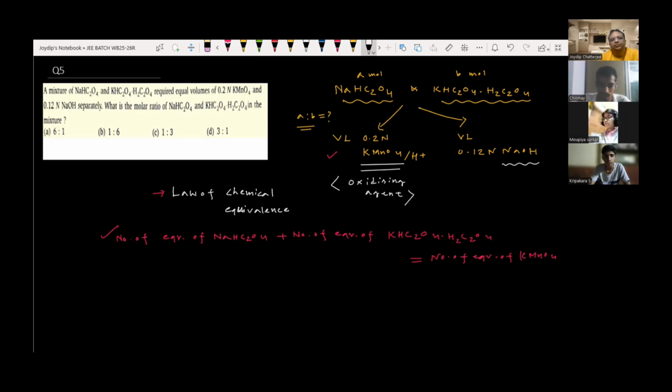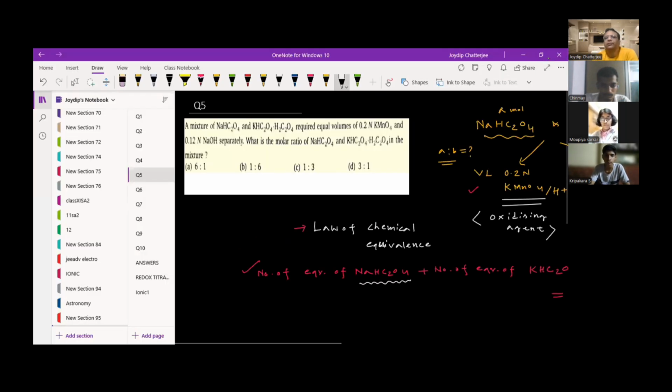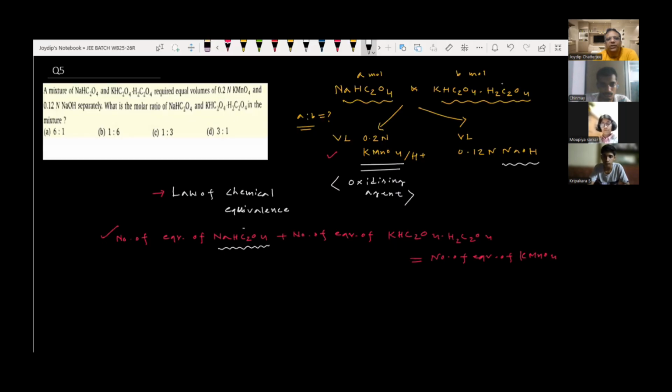So here, could you tell me what is the N factor in this redox reaction with KMnO4 for sodium hydrogen oxalate? Anyone? In the oxalate part, the oxidation state of carbon is +3.